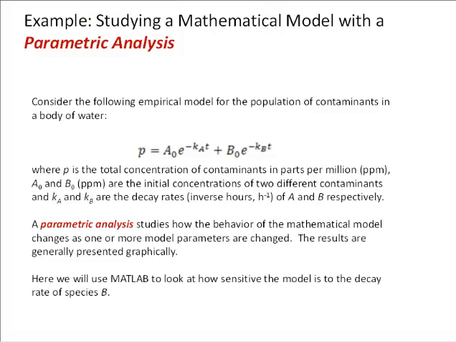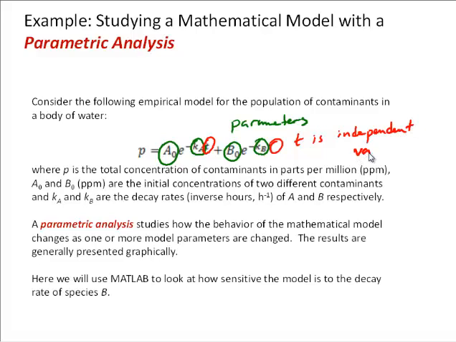So just to review from the mathematical models video, the parameters we can consider are A naught, Ka, B naught, and Kb. Those are all our parameters. Our independent variable is t. And our dependent variable in this model is P.